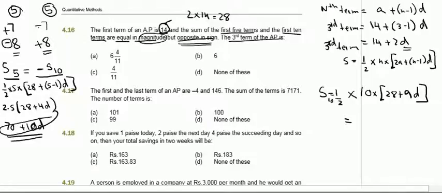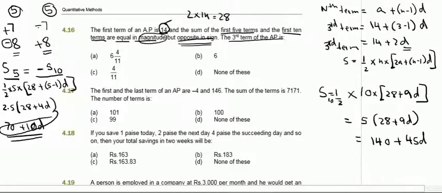So if I simplify this part, it will be 5 into (28 plus 9d), which is 5 into 28 is 140 plus 9 into 5 is 45d.